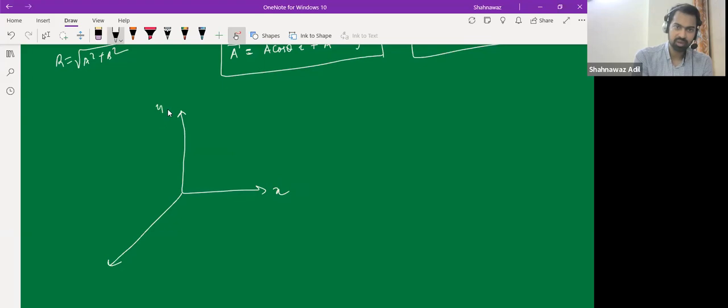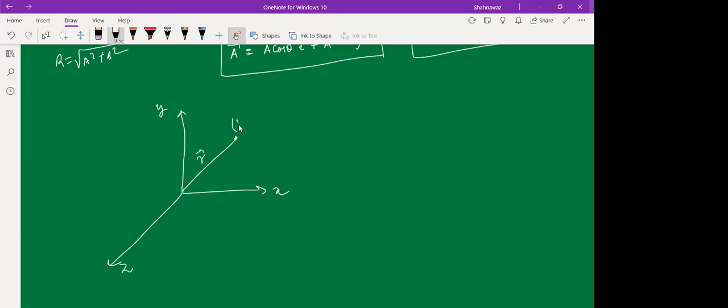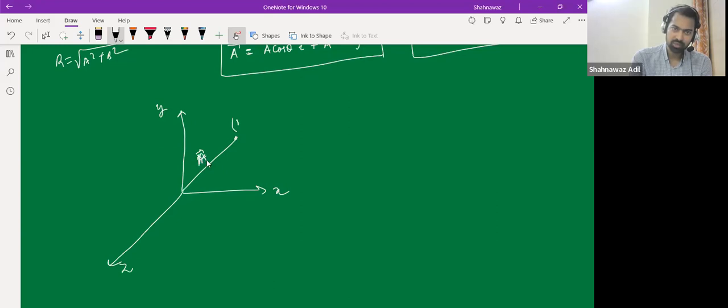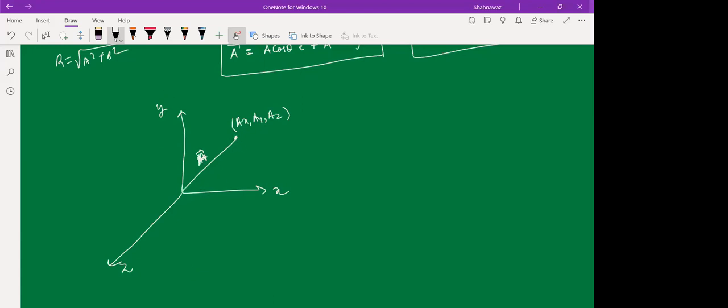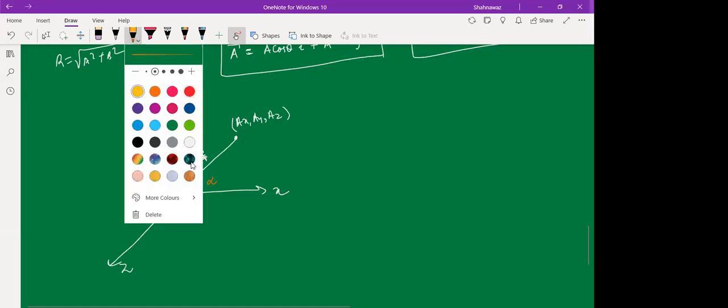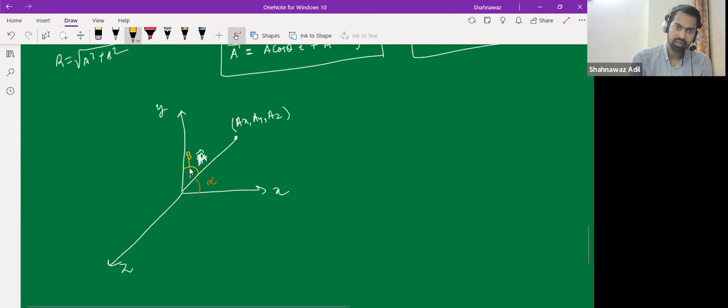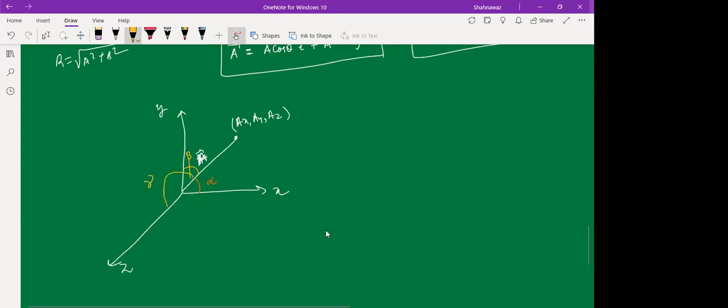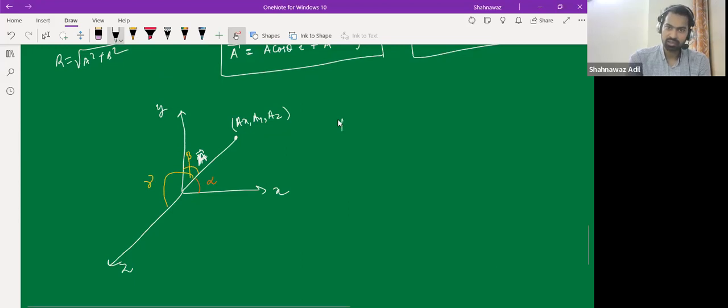We have x, y, and z, and then we have a vector R, and this is the coordinate of the point. It is making an angle alpha with x, an angle beta with y, and an angle gamma with z. Then we talk about the direction cosines.